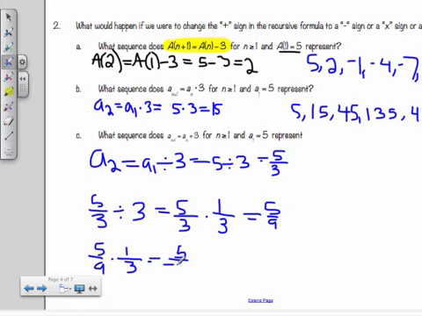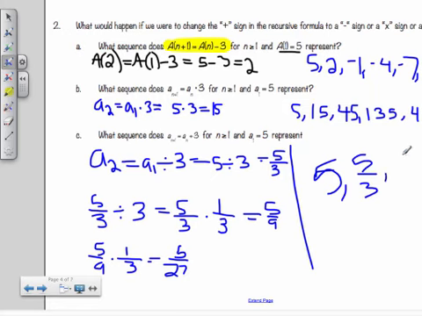So if I were to write out my whole sequence, it would be 5, comma, 5/3, right? And then the next term would be 5/9, 5/27ths. And without using your calculators, I want you to use your brains.